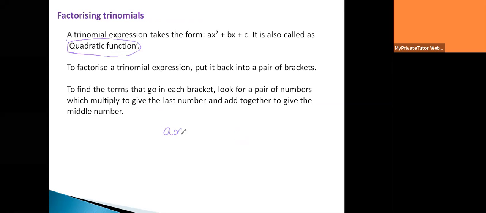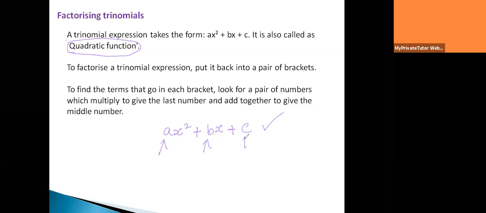The standard form of a quadratic function is ax square plus bx plus c, where a, b and c are constants. For example, 2x square minus 3x plus 9. So this is the quadratic equation.